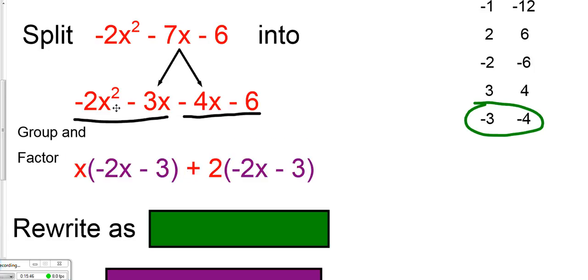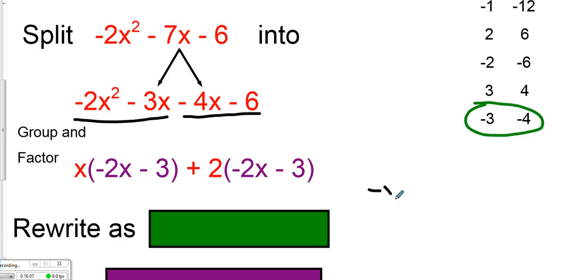Now again, notice I decided to take out a positive x. I could have also taken out a negative x. That would have been okay, that would still work. If I did, negative x would be out here, and these two would both be positive. Maybe I should write that off on the side.